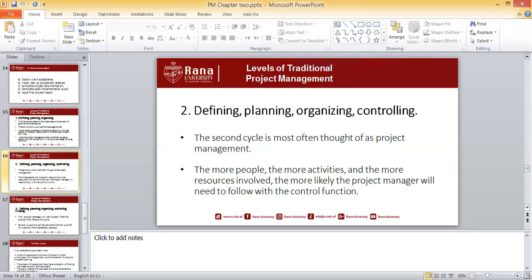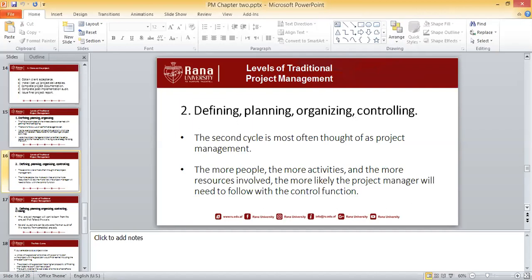So you need a proper team to carry out the activities of the project. So in such cases, you don't want to deviate from your planned work. So you simply rely on the next level of traditional project management, that is defining, planning, organizing, and controlling.